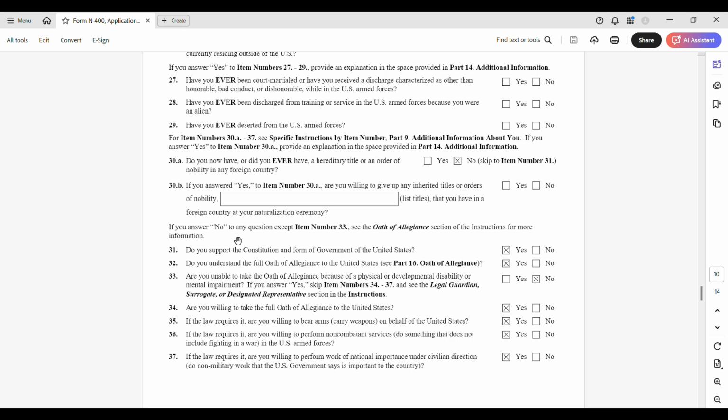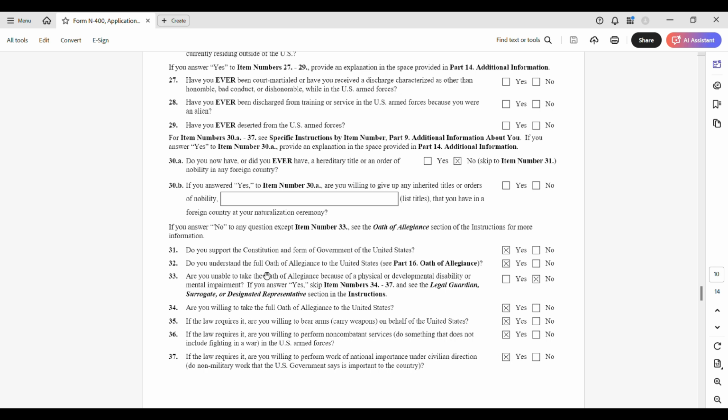If you answer no to any question except item number 33, see the Oath of Allegiance section of the instructions for more information. So we are going to go to number 31. Do you support the Constitution and form of government of the United States? Once you are seeking to become a U.S. citizen, then your answer to this should be yes.